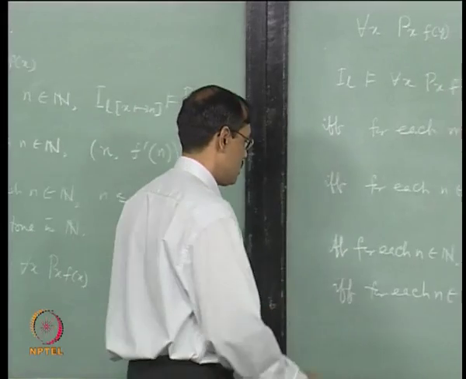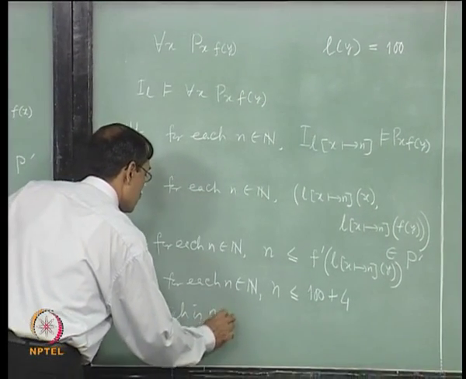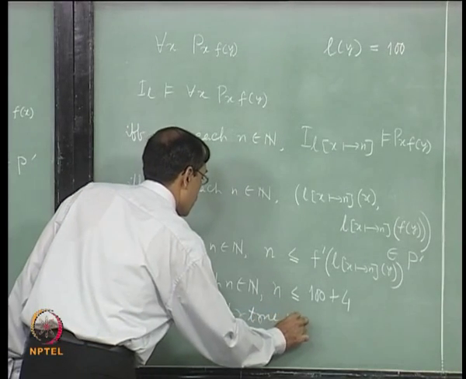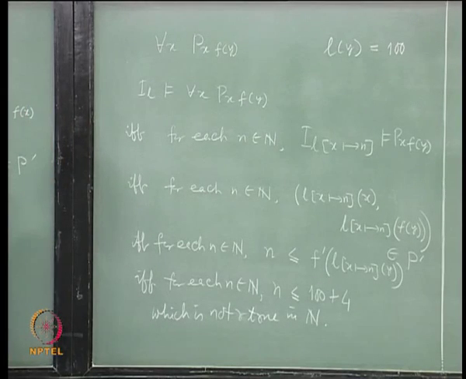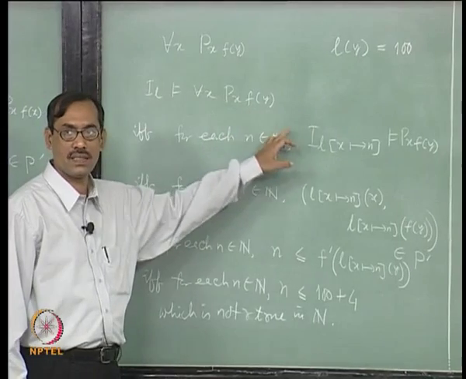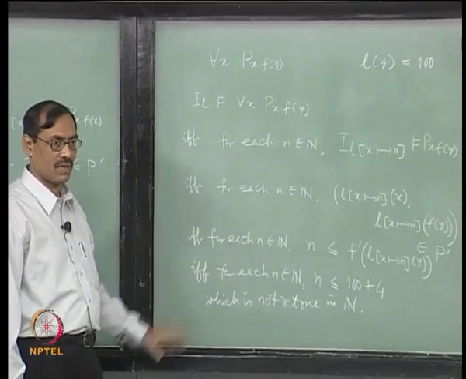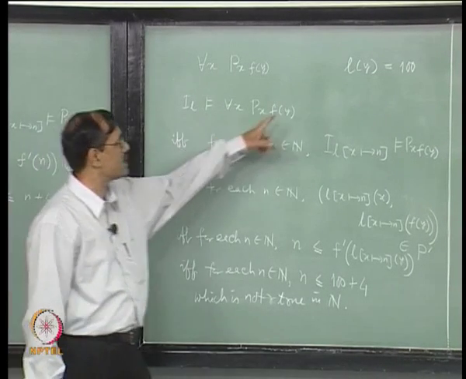Okay. So, this does not hold, not true in N. That is why I L does not satisfy for each x p x f of y, fine. So, it does not satisfy, but then you see how this L has been used for y.